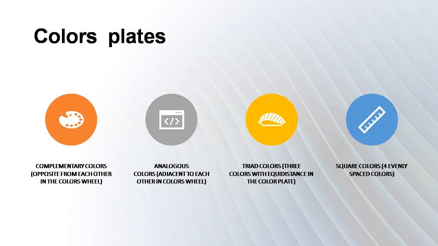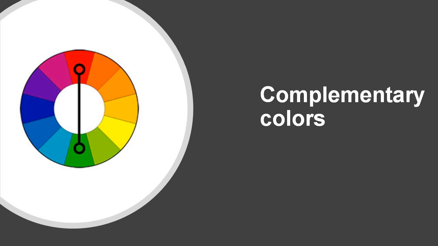The first is the complementary color plate, then the analogous color plate, the triad color plate, and the square color plate. We will discuss each one, what it means and how we can use it in our figures and tables, etc. For example, the first one is complementary colors.